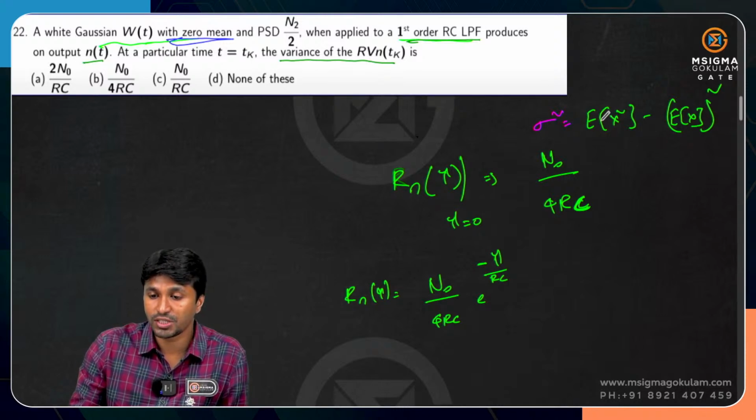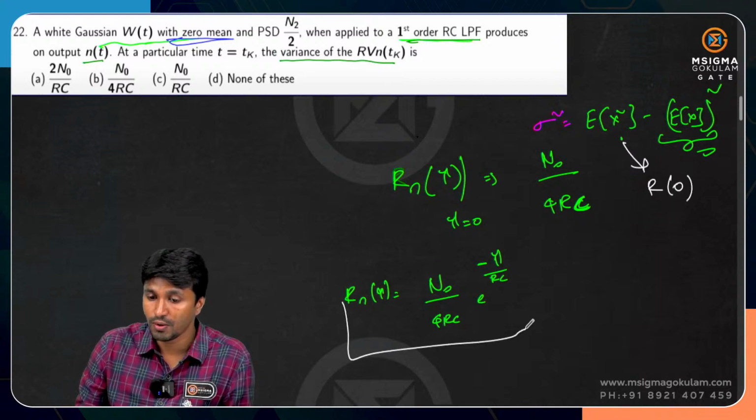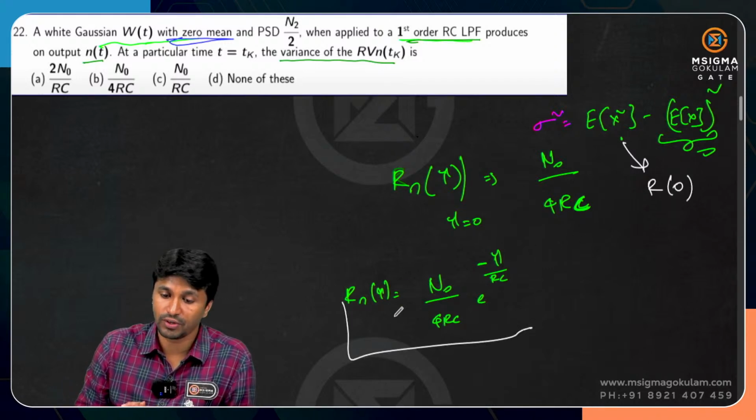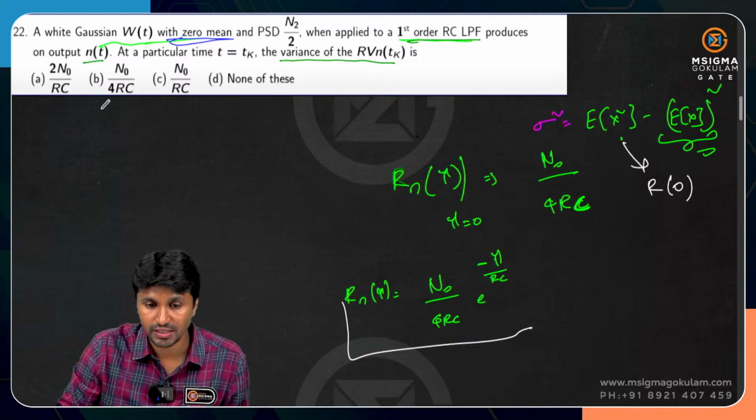So sigma square is equal to expectation of x square, which is nothing but r of 0. Since we already know the autocorrelation function, n naught by 4 RC into this term, substitute tau equal to 0. It becomes n naught by 4 RC. So the answer is B.